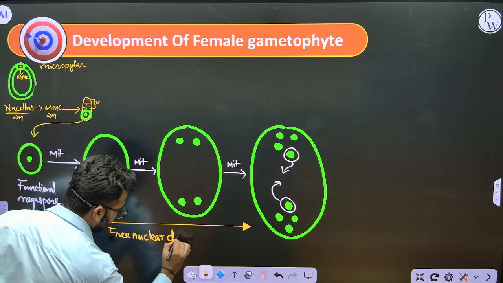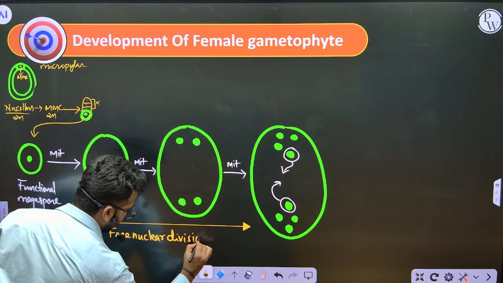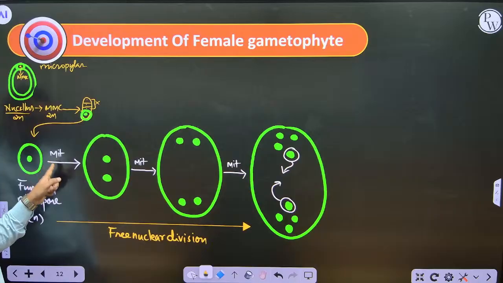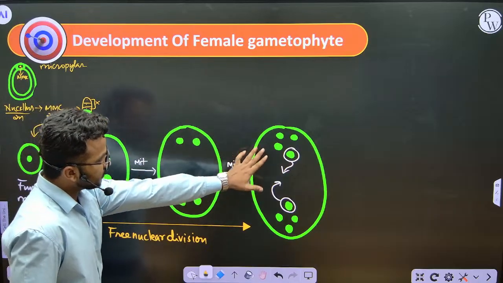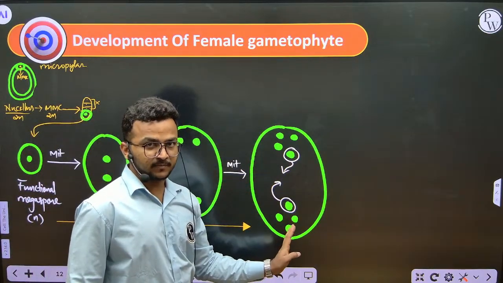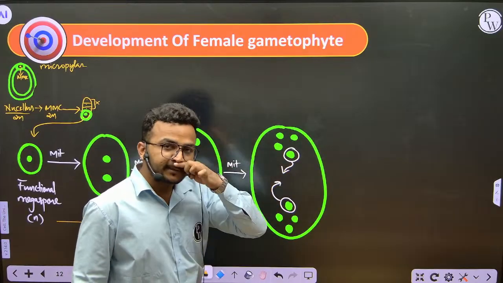These 3 mitotic divisions resulted in the 8 nuclei stage, and there is still only one cell.